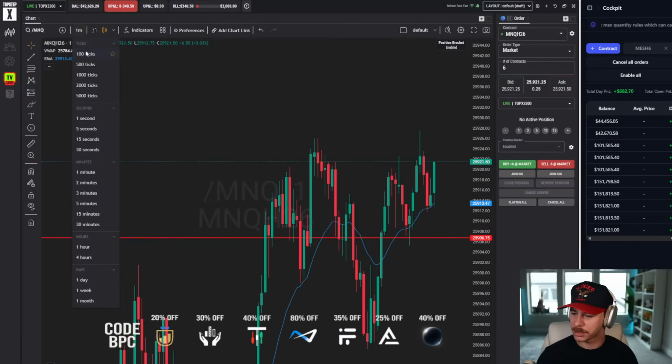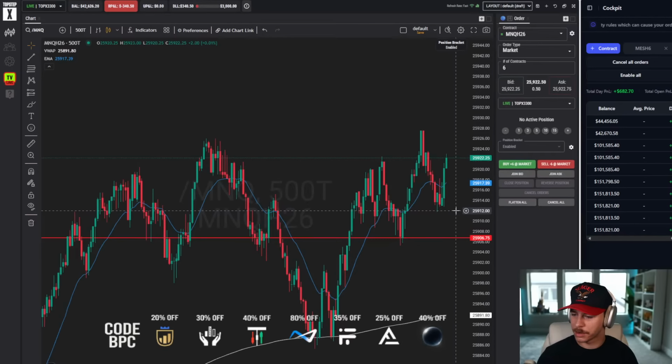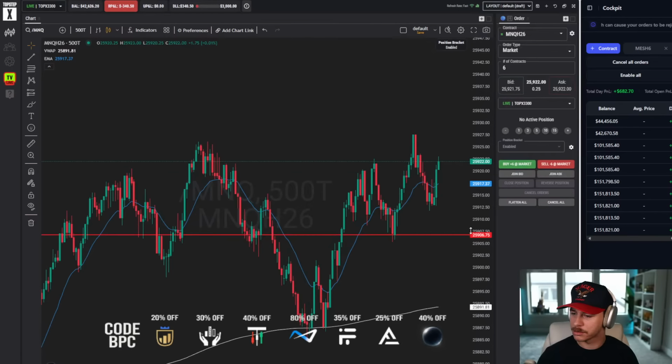NQ's nice rip back to 920. That might have been our dip buy right there.